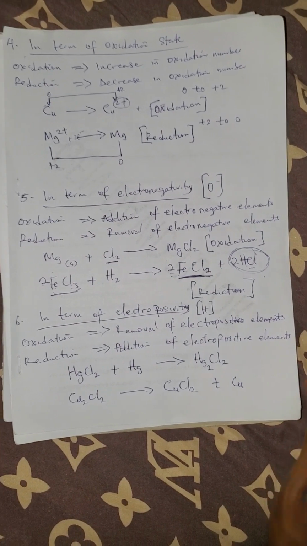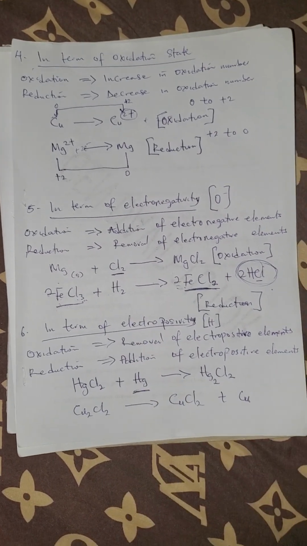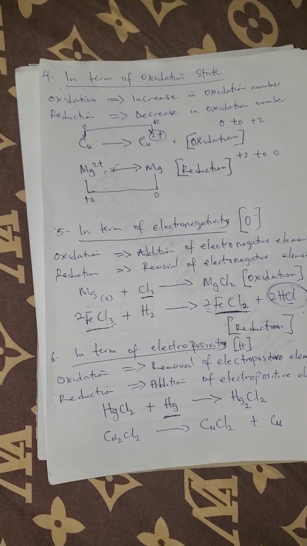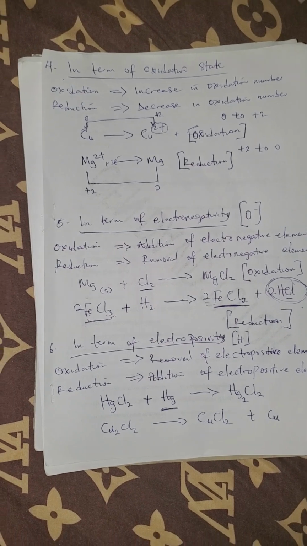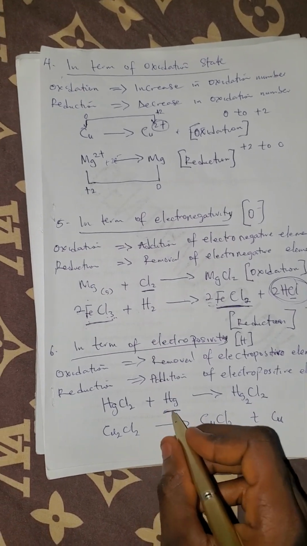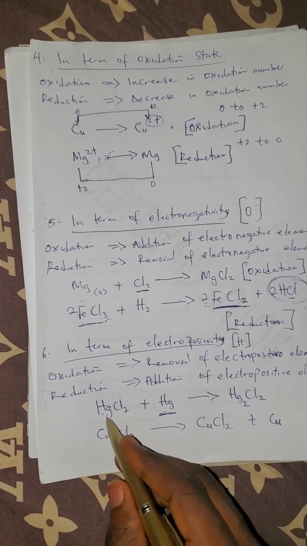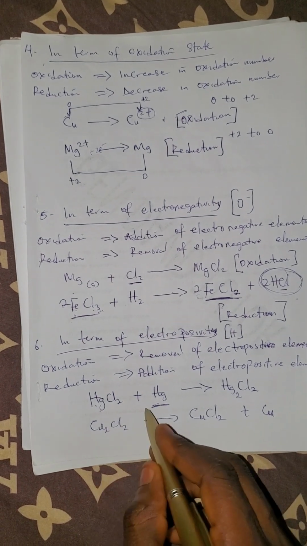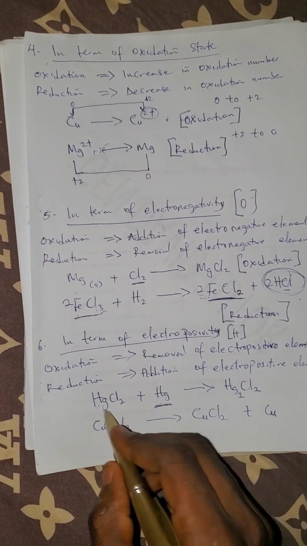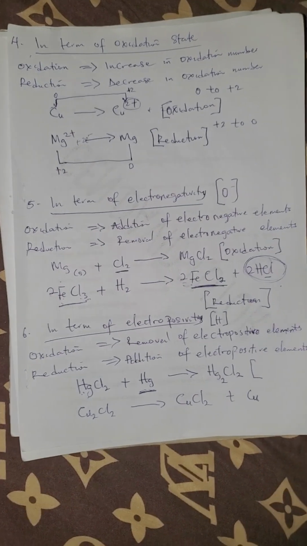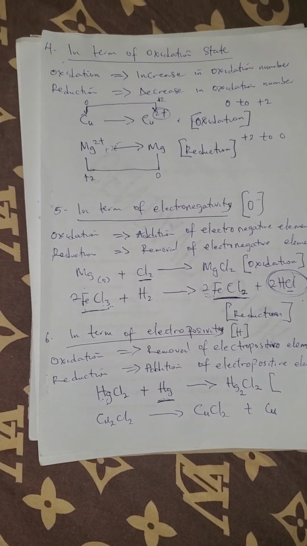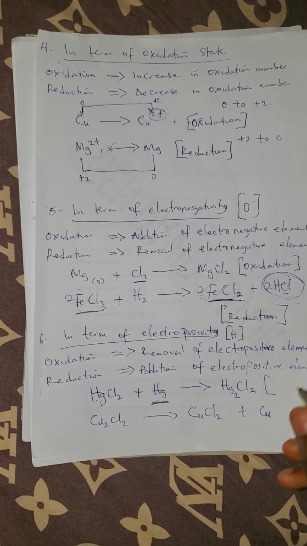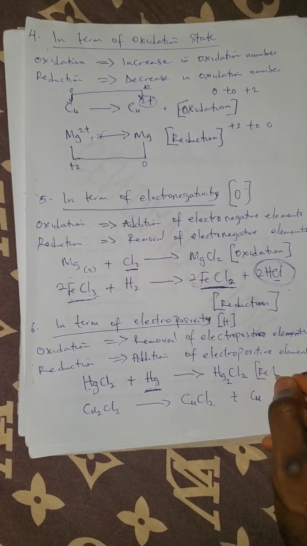Now you observe that this is an electropositive element, that's mercury. This is added to this. Initially this mercury here is 1, but when it's added to this, it becomes 2. And addition of an electropositive element like that is called reduction. So this is reduction.